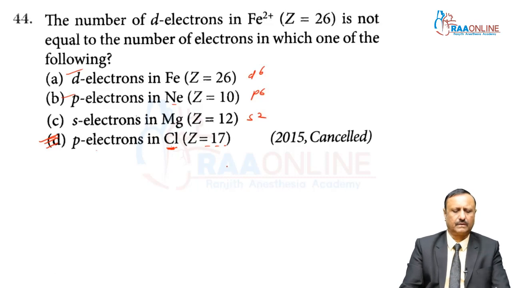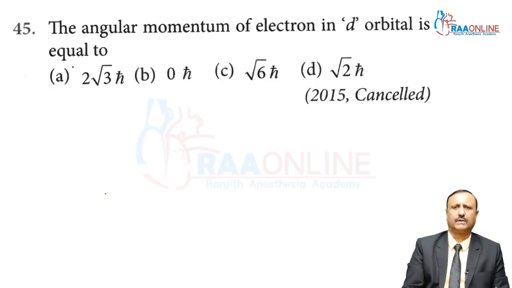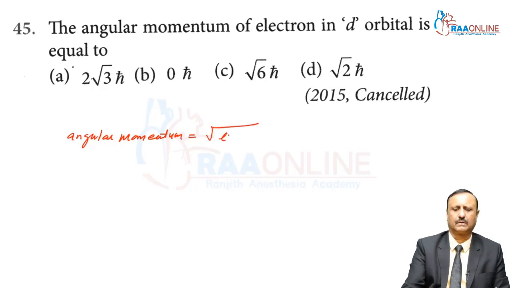Now, question number 45. The angular momentum of an electron in d orbital is equal to... The formula is that angular momentum of an electron is calculated by root of l(l+1) h. l is equal to 0 for s, l is equal to 1 for p, l is equal to 2 for d.